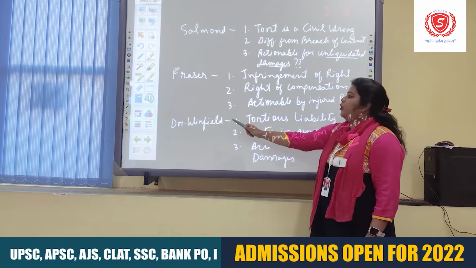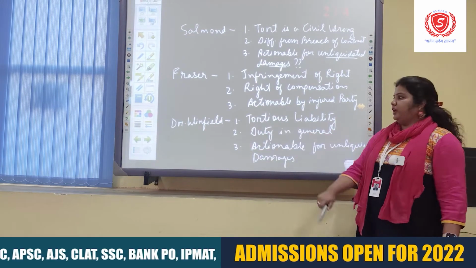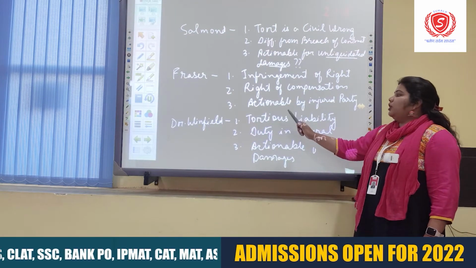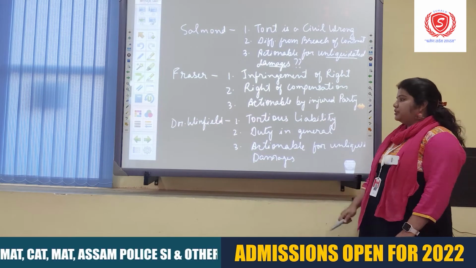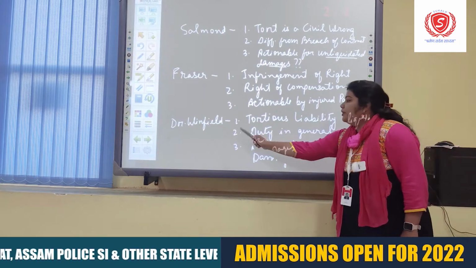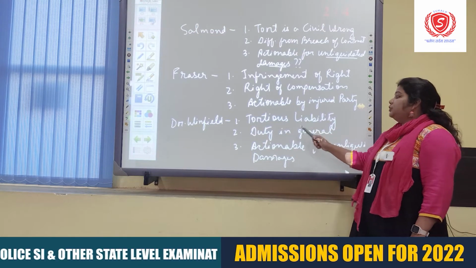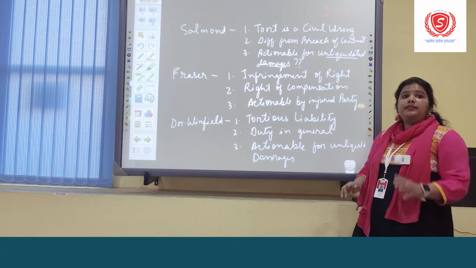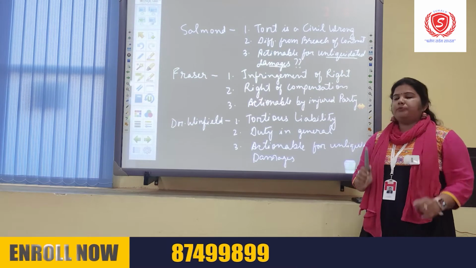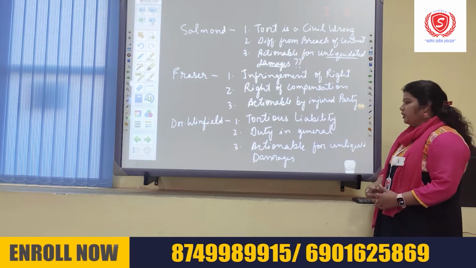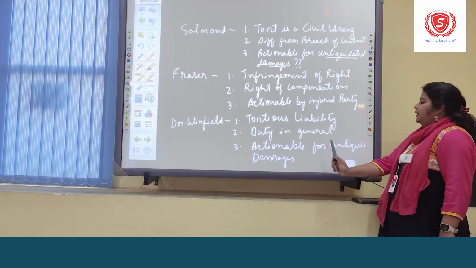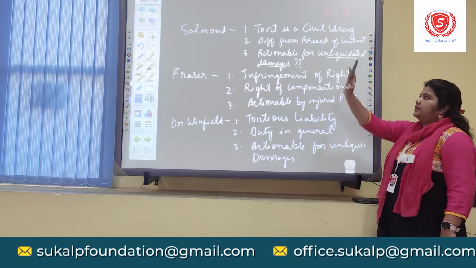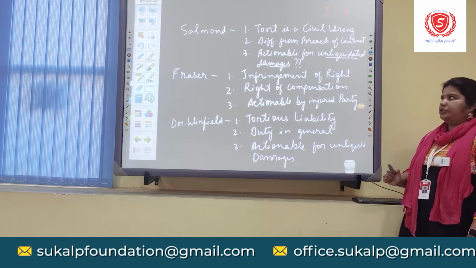Then next the important definition was given by Dr. Winfield, who says that tort is something which gives rise to tortious liability. Then point number 2, it says that it is a duty in general towards persons. It is not specified to a particular person, but it is a duty in general. Next, point number 3 says that it is for unliquidated damages. Now, this is the summarization of the definitions.